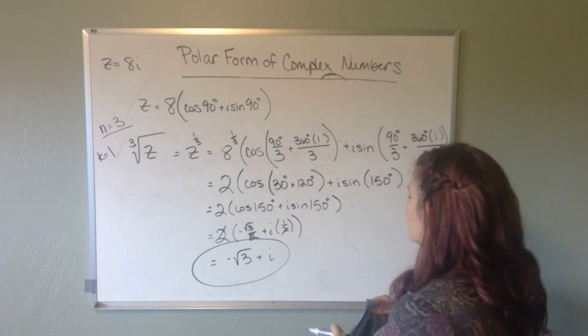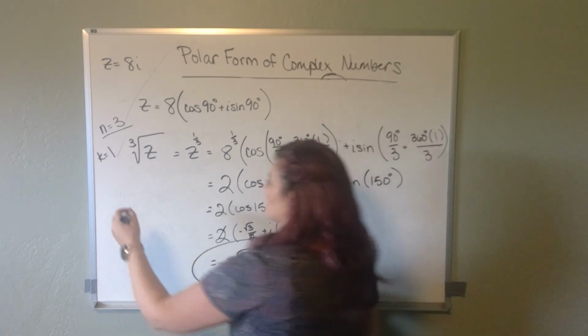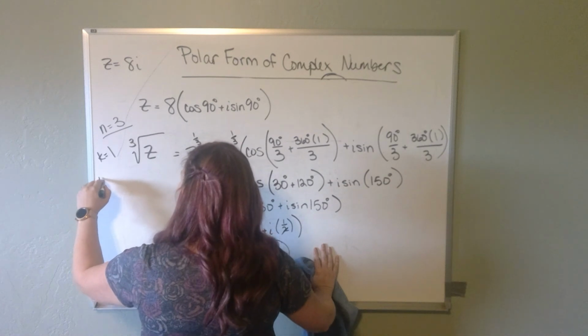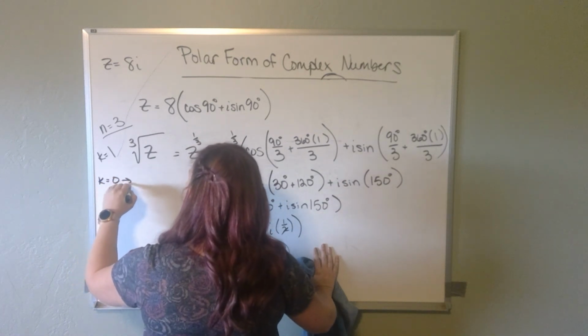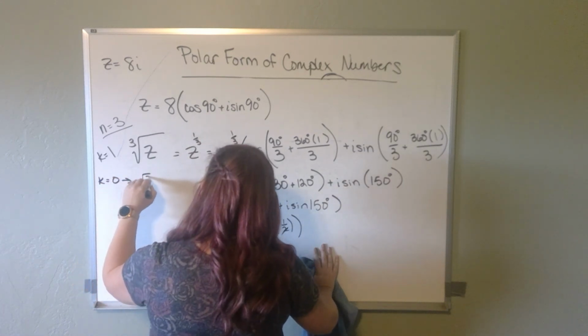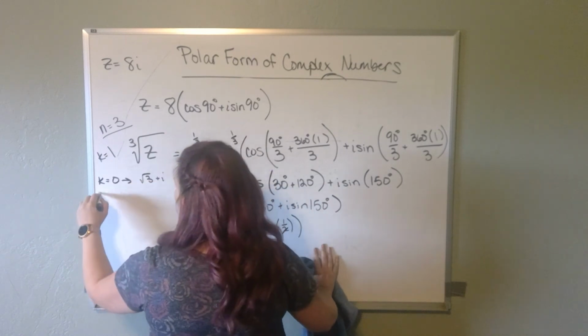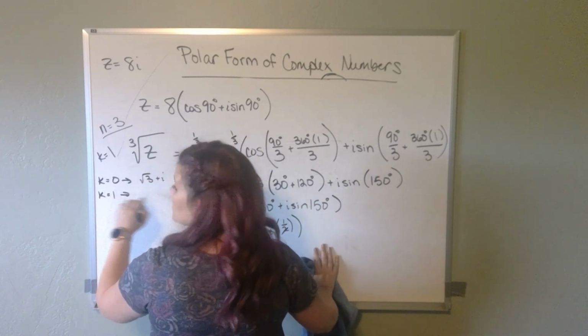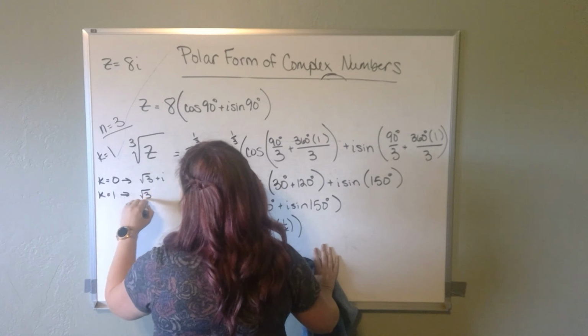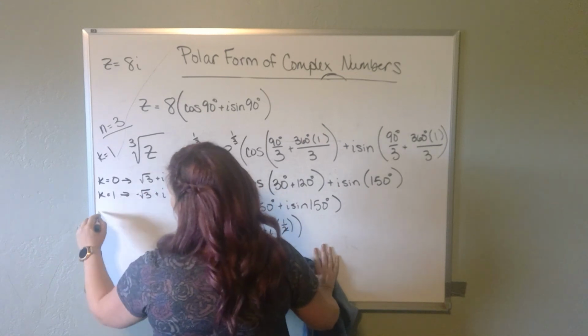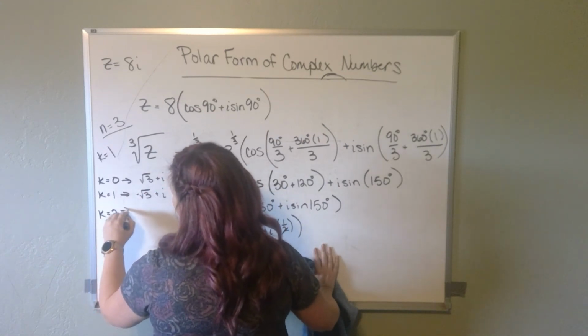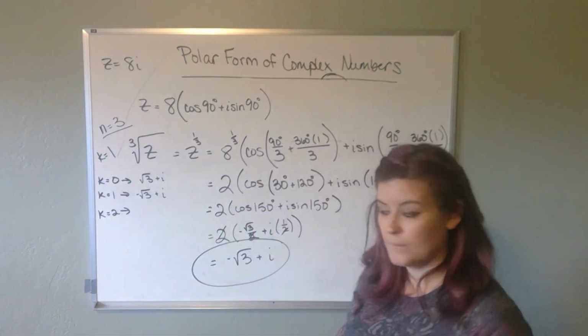All right, so actually, let me make a little list. When k equaled 0, what we got was root 3 plus I. When k equals 1, we just got negative root 3 plus I. Now we have to put in k equals 2.